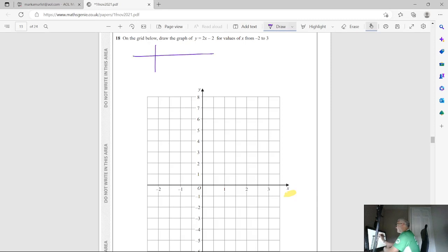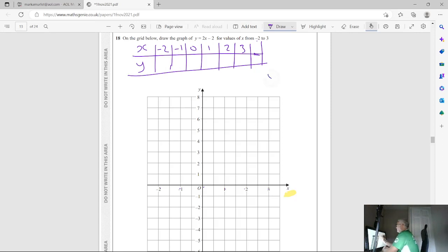So the first thing I'm going to try and do, if there's not one already, is draw a y-x table. We know the values go from minus 2, minus 1, 0, 1, 2, 3. So we are plotting where the x coordinates are. That's what the x values mean. We need to find out what y equals when x equals these values.